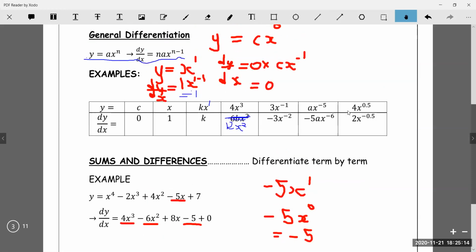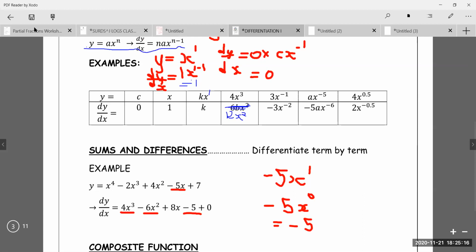We're not even going to look at composite yet. I'm going to give you some examples to differentiate.